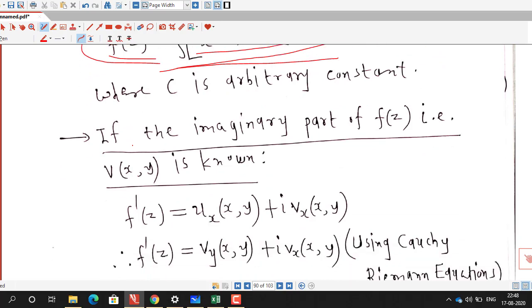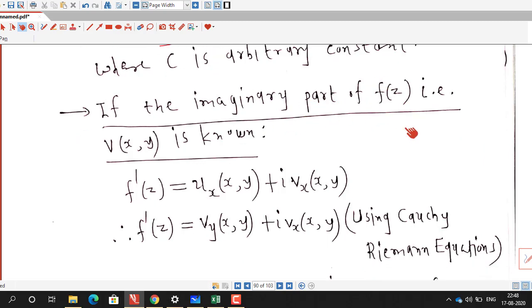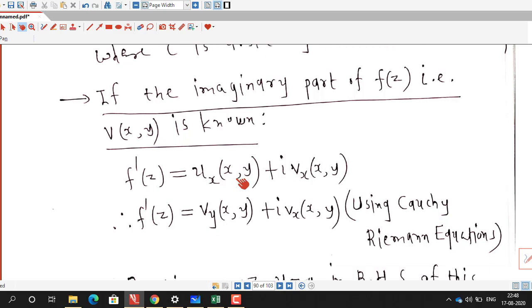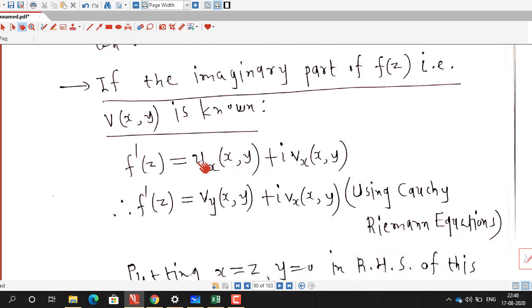Similarly, if the imaginary part of f(z) is known, then also we can write down the analytic function f(z). If v is known, we will convert the partial derivative with respect to x into a partial derivative with respect to y.